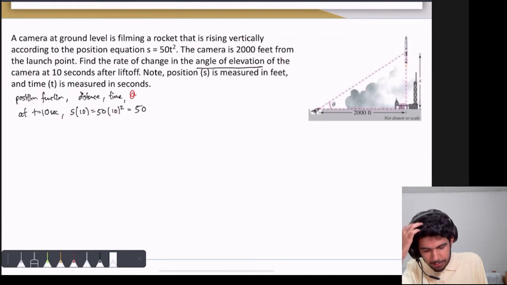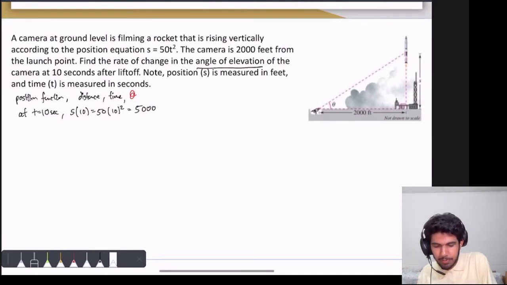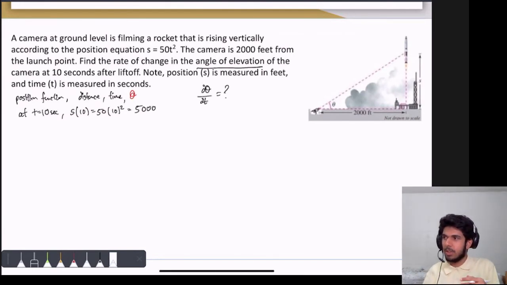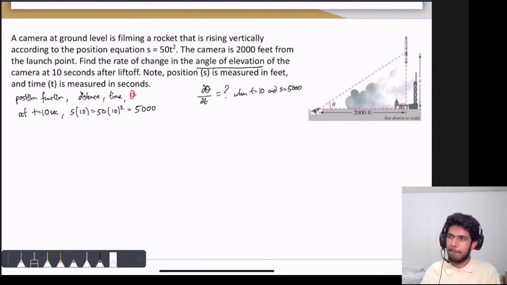That's just equal to 5,000, right? Simple as that. So now we want to find d theta dt, right? Because we're looking for the rate of change of the angle of elevation. d theta dt, when t equals 10 and s equals 5,000. But I guess that's sort of implied by t equals 10.